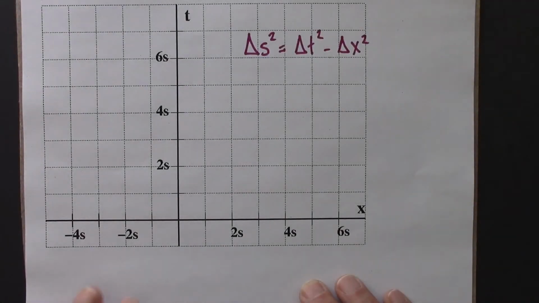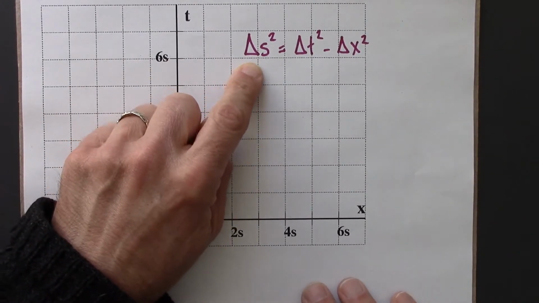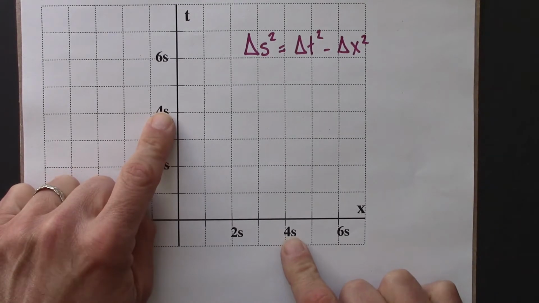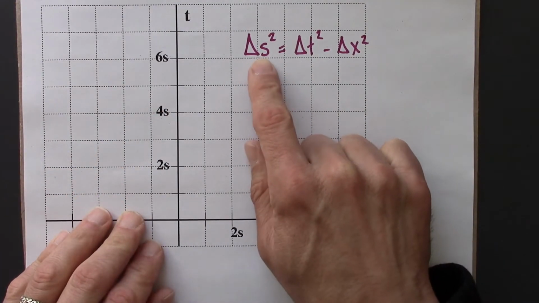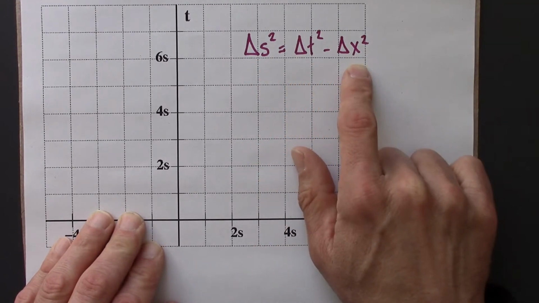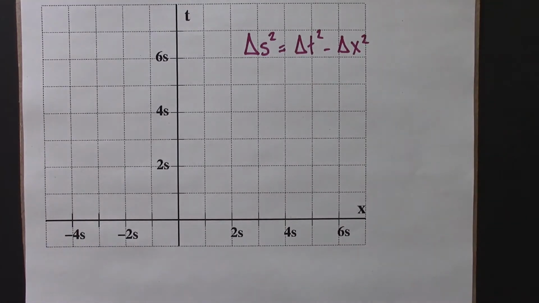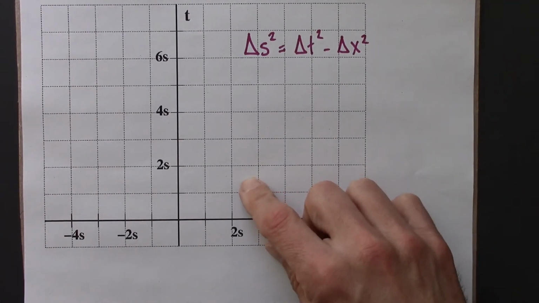So we've talked about spatial distances on a map. Let's now talk about how to think about the space-time interval on a space-time diagram. As a reminder, the space-time interval, delta s squared, is delta t squared minus delta x squared. So let's look at the space-time interval between a couple of different points.